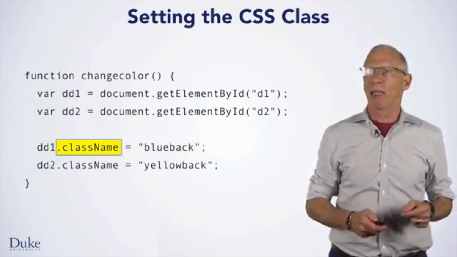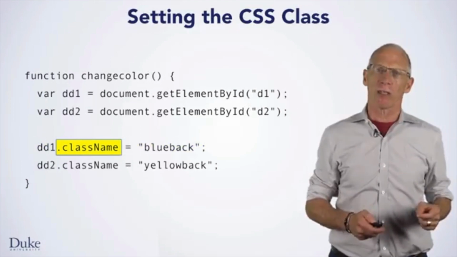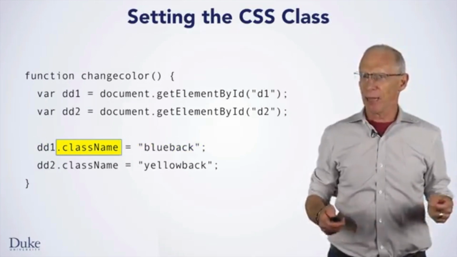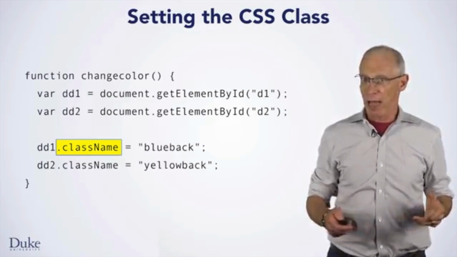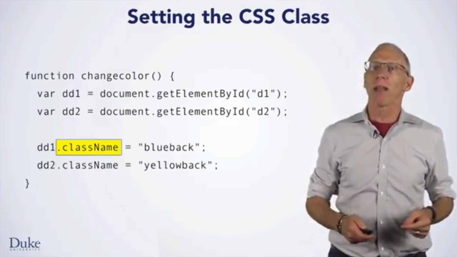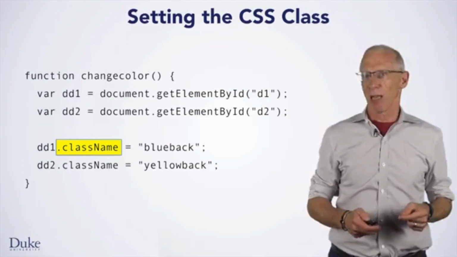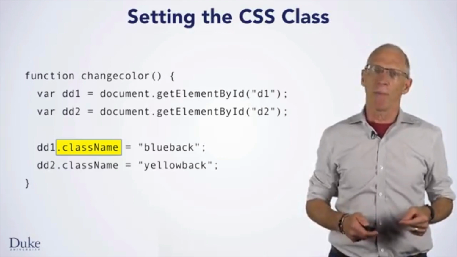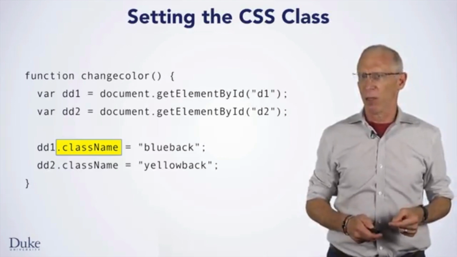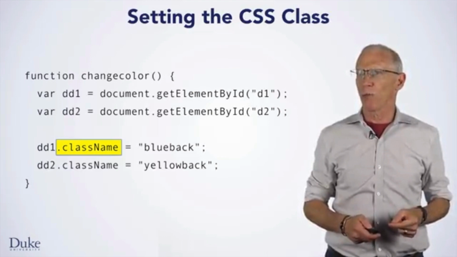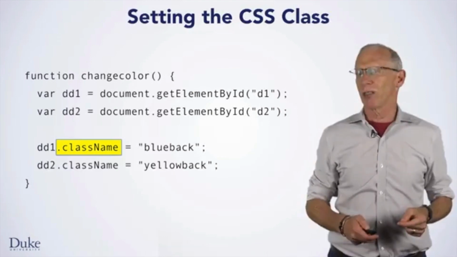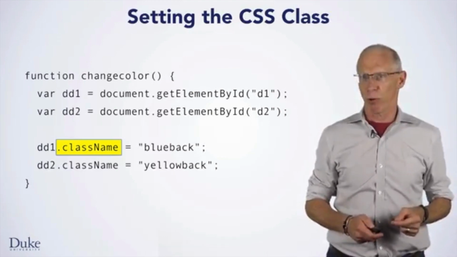The attribute className is one of the characteristics of an HTML element that can be accessed in JavaScript. As we'll see in later examples, there are many other attributes of HTML elements that you can also change by accessing them with JavaScript. These attributes are sometimes called fields. They're accessed using the dot notation in a JavaScript program.